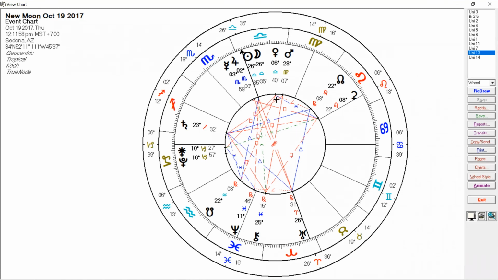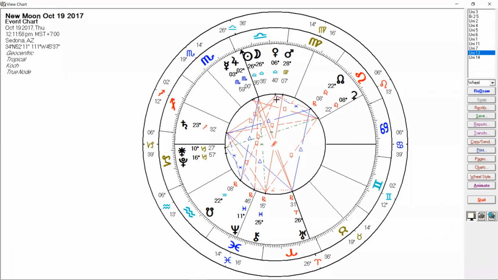So if we look at the last new moon, when they came together, the intention was to bring balance, to harmonize between people, to bring diversity into our personal life.